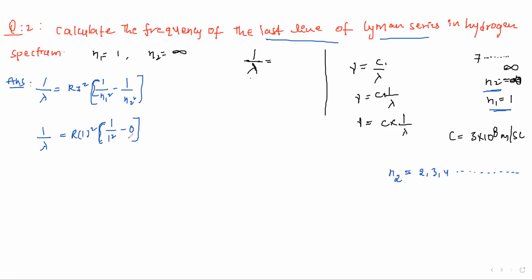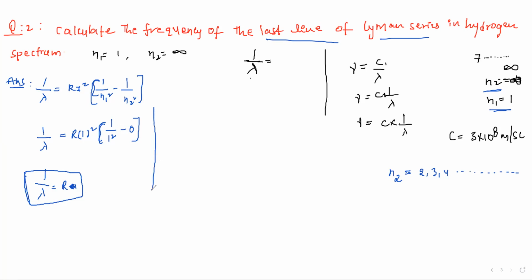Sorry, it is not 0 here, Amma, here we get 1. 1 square means 1 into R. So here the 1 by lambda value we got is R, the Rydberg constant.